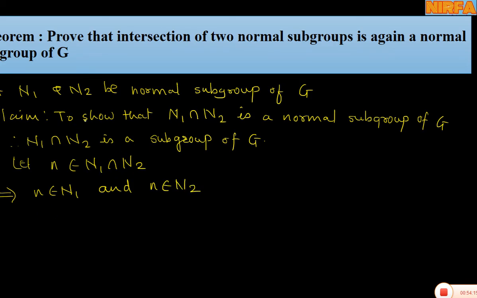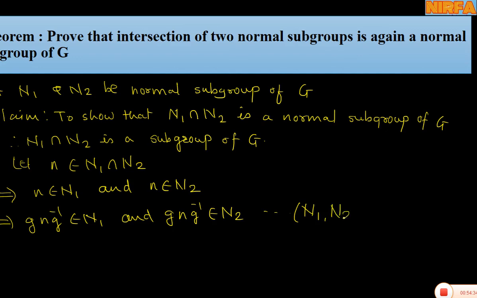But N1 is already a normal subgroup. So this implies that g n g inverse belongs to N1 and g n g inverse belongs to N2. And the reason is N1 and N2 are normal subgroups. That's why this is happening.